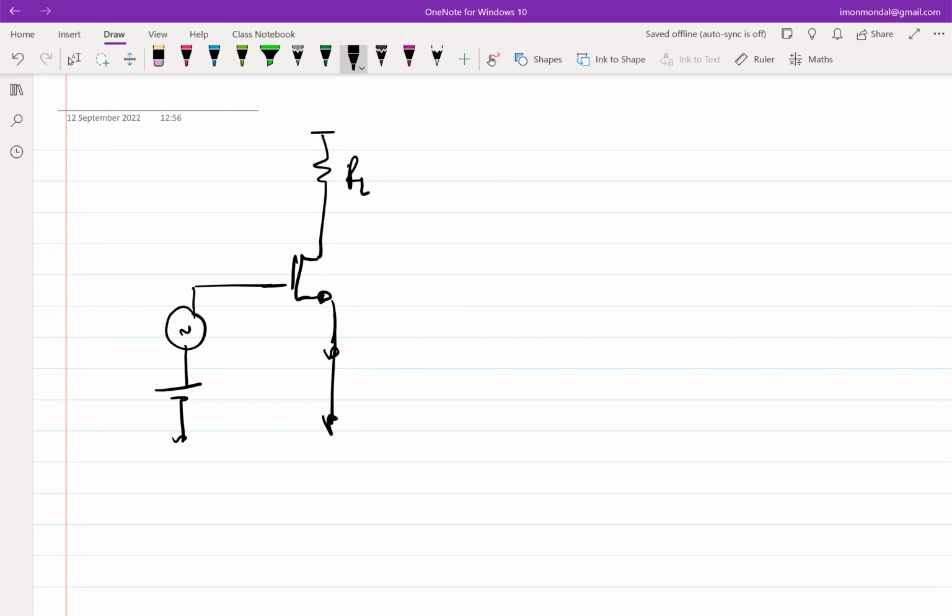One of the reasons is if I try to increase RL with a finite voltage supply, the transistor goes out of saturation. But I can then say, why use RL, get rid of RL? I'll use a current source to bias. I can do that, right?